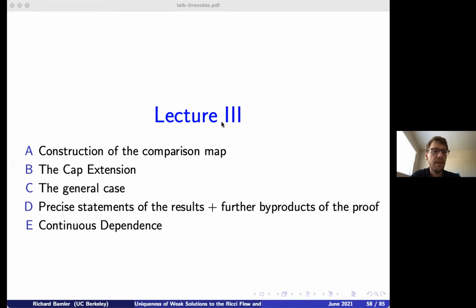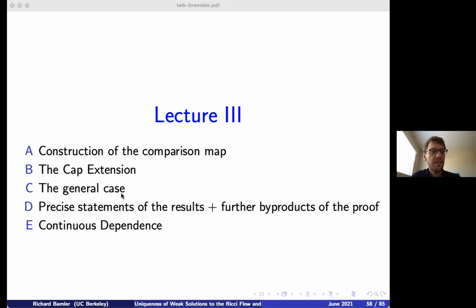So this third lecture, which I'm officially starting tomorrow, will conclude the proof of the uniqueness theorem. What we'll discuss first is we'll construct a comparison map between two singular Ricci flows, and I'll explain how this is performed. Then there will be a cap extension problem, which we'll discuss later, what the problem is and how we resolve it.